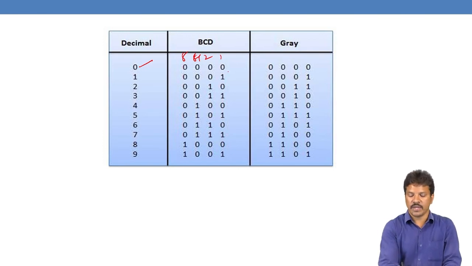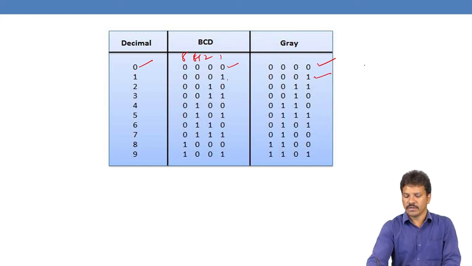But when we convert by following the procedure which I had explained, 4 zeros in BCD give 4 zeros in gray code, 1 is 0001 in gray code, again 2 is 0011 by following the procedure.